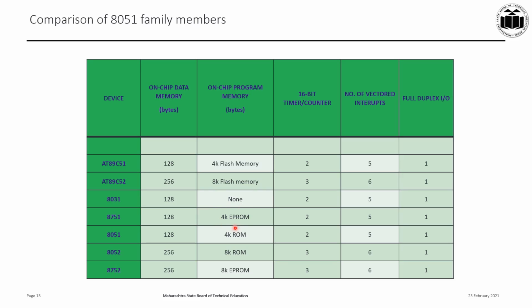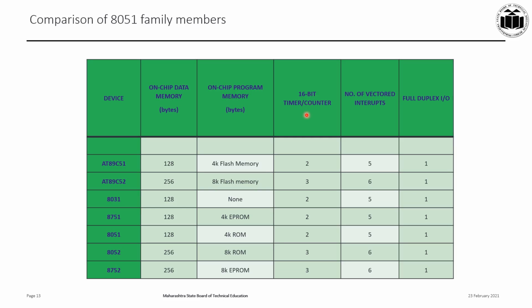Whereas the 8751, like your 89C51, has 4K, but it is the EEPROM memory. The 8051 has 4K ROM memory. The 8052 is again ROM memory, but it is 8K, double that of the 8051. The 8752 has 8K, but it is EEPROM memory.